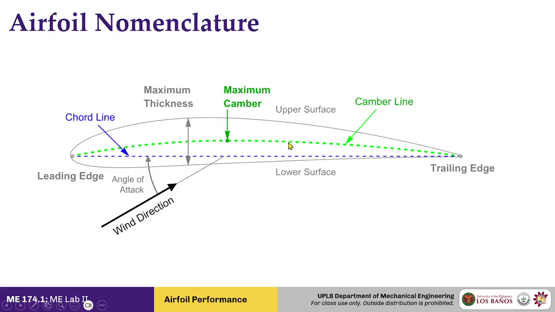Somewhere along this camber line is the maximum camber, which is usually measured from the chord line as well. So you can have an airfoil that has a maximum camber of 4% of the chord length, so this times 0.04, that is the maximum camber.